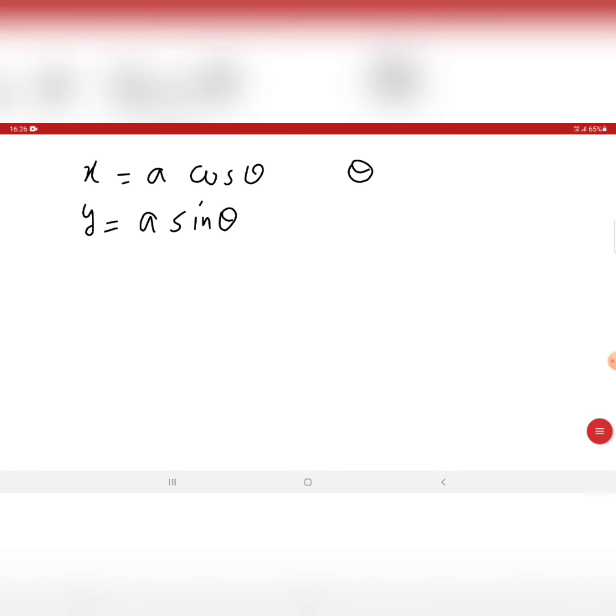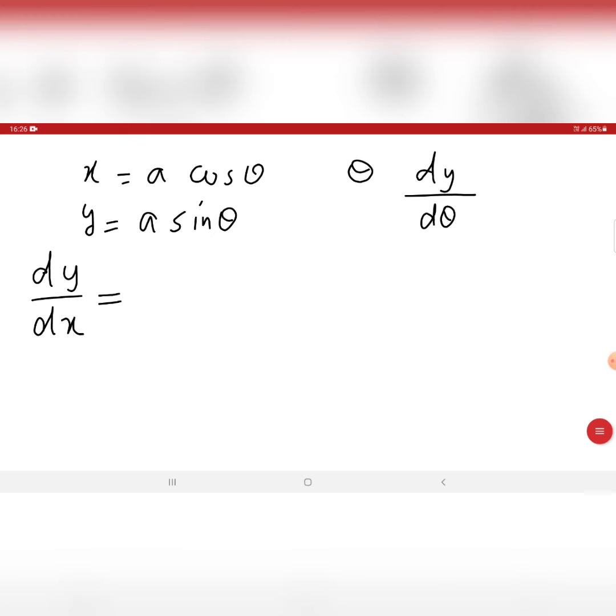Now, in order to get the derivative of the function y with respect to x, we have to find first the derivative of y with respect to theta, which is the parameter.